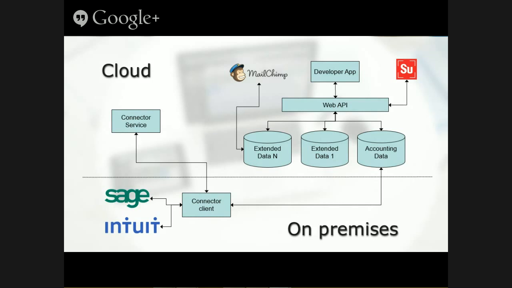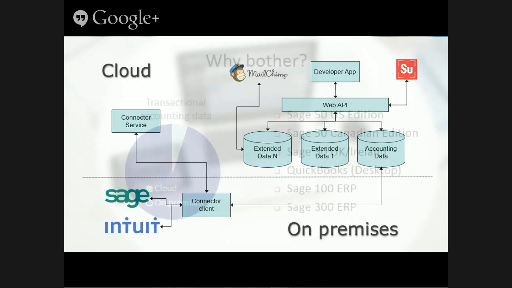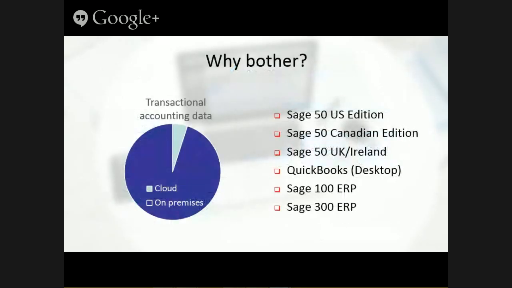Well, the answer is very simple, because if you actually think about our target market, which is not the micro businesses that would typically be using maybe Sage 1 or 0 or QuickBooks Online or FreshBooks or any of the cloud accounting products, our target market are companies employing maybe 10 to 100 employees.